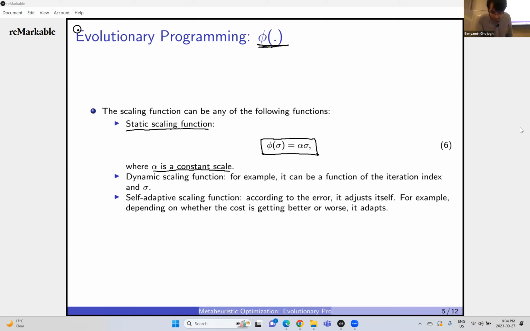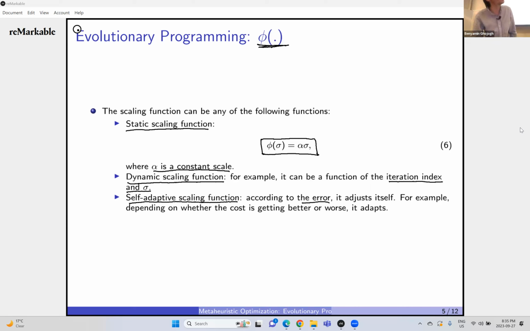Or it can be a dynamic scaling function. For example, it can be a function of the iteration index and sigma. It is a function of sigma, of course, because sigma is the input. Also, it can be adapted by iteration index. So this can be a function of both iteration index and sigma. It can be a self-adaptive scaling function.